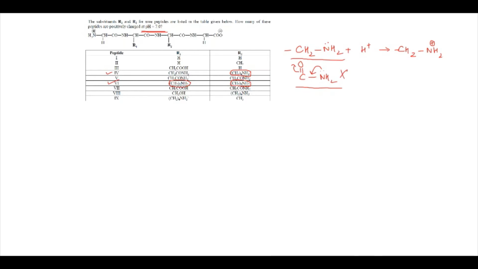Option 8, yes, we can see a CH2NH2 as R2, so this will have a positive charge. In option 9 we have another CH2NH2 group present here, so option 9 will also have a positive charge. So options 4, 6, 8 and 9 are the correct options for this question.